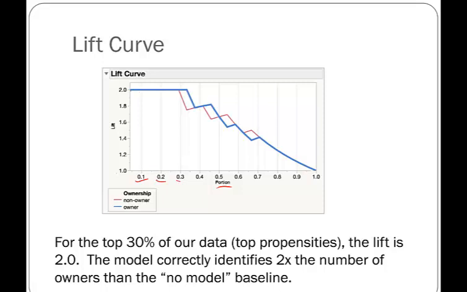So this curve here is comparing the model that we've used to fit to the baseline model, or just the random model, which would be represented by a lift of 1. So this says here for 20%, if we took the top 20%, we would identify twice as many fraudulent taxpayers than if we just randomly were to select.